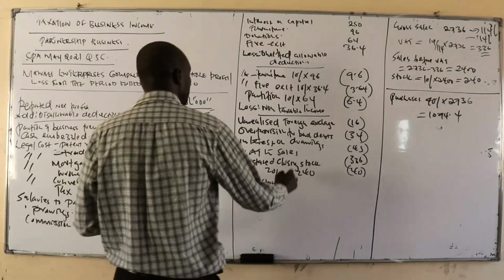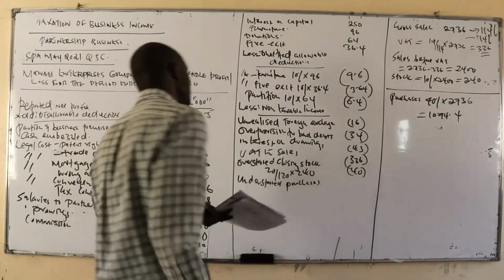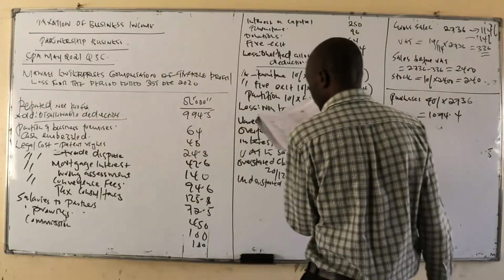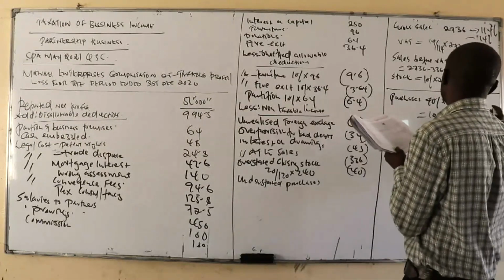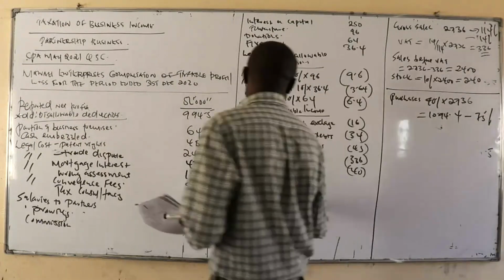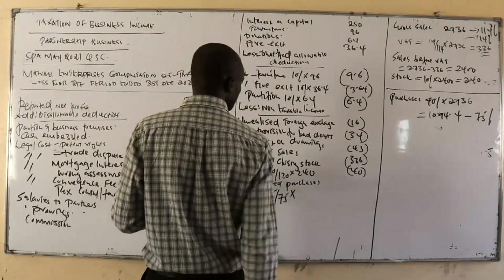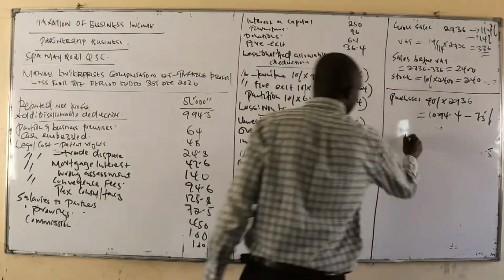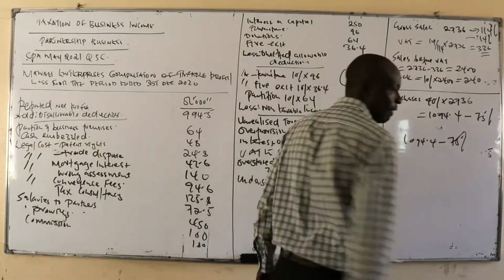And then we have understated purchases. The purchases, they said it is understated by how much? By 25. So this one is equivalent to 75. So we say it is 25 over 75 times 1094.4. This 1094 is equivalent to 75%, isn't it?